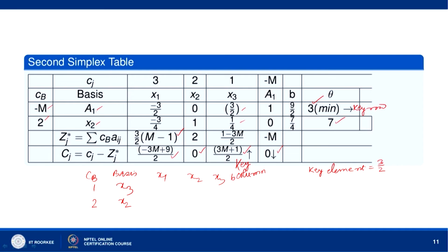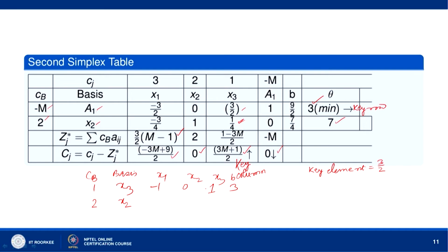Now, we divide the key row by 3 by 2, the key element, okay. So, dividing by 3 by 2 it becomes minus 1, 0, 1, and since the A1 column is not there, 9 by 2 divided by 3 by 2 gives you 3, okay. And then after we have made the key element 1, we have to make the element 1 by 4 zero.